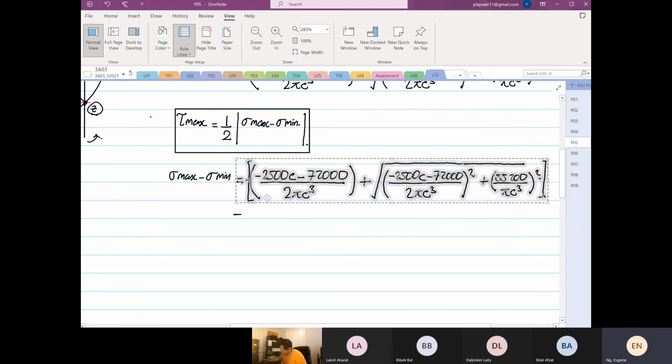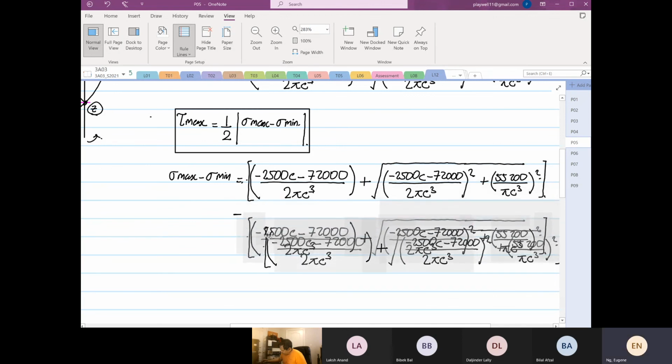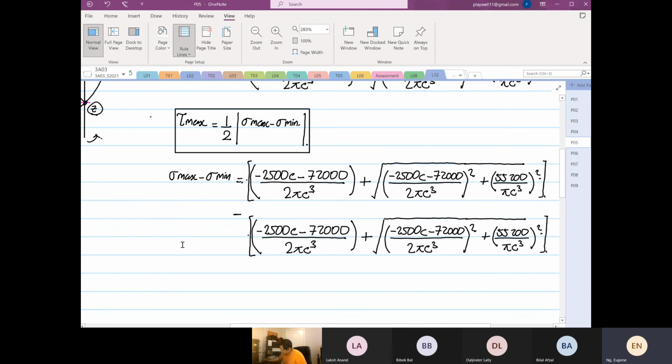Take the whole thing, excluding the equal sign. So that is our stress. I leave another space. Minus, and then down here, because it's minimum, it's minus down here.